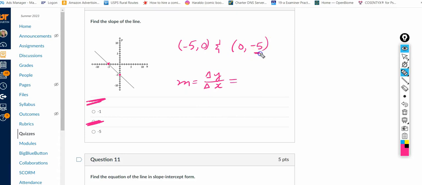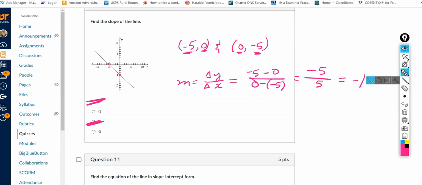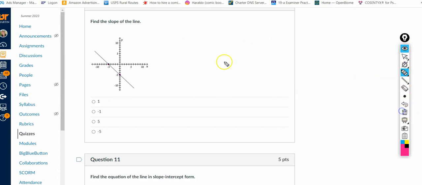So it's going to be this y coordinate minus that y coordinate all over this x coordinate minus this x coordinate. So I'm going to have in the numerator -5. And I'm going to have in the denominator 0 minus -5, which is 0 plus 5, which is 5. And then 5 divided by 5 reduces to 1, so I'm going to have -1. So my answer is going to be -1.